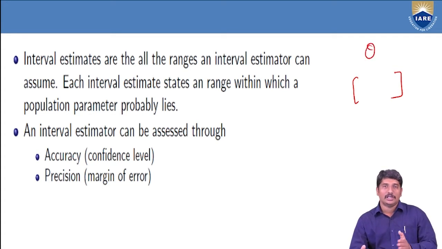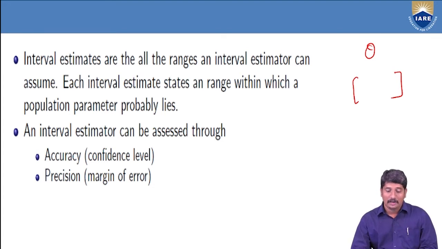The range can have rational or irrational limits, or natural numbers, or integers; you can assume any kind of real numbers as the limits of the interval. And each interval estimate states a range within which a population parameter probably lies.